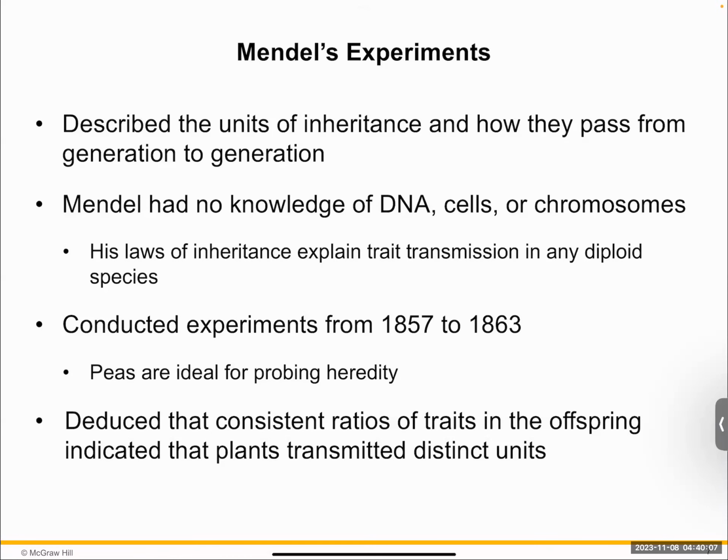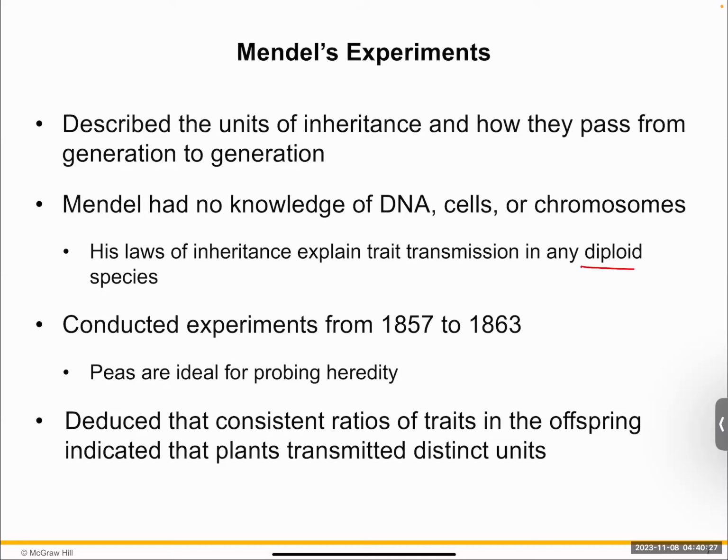But he used his pea plants to explain how specific traits are passed down from the parents to their offspring. So it's a transmission of those characteristics from the parental generation to the offspring.